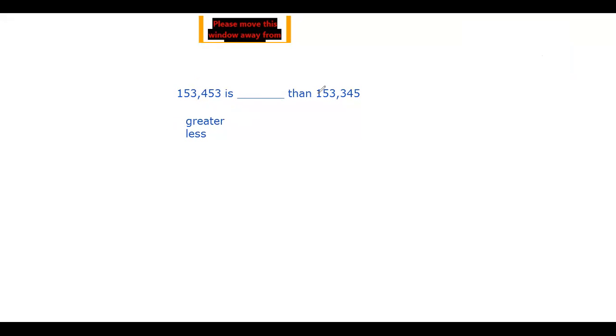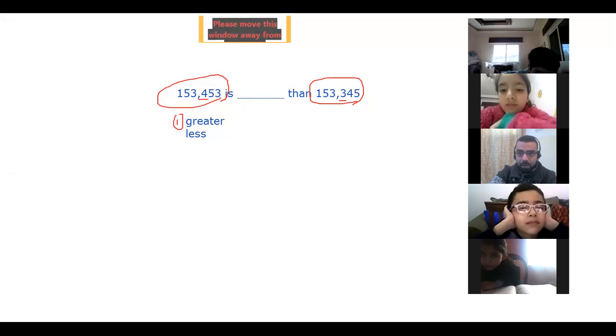So 1 equals 1, 5 equals 5, 3 equals 3, but here we have this 4 greater than this 3, right? So this number is greater than this number, right? Yeah. So you will choose greater than. Okay, that's it. Great. Is there any problem with that, everyone?